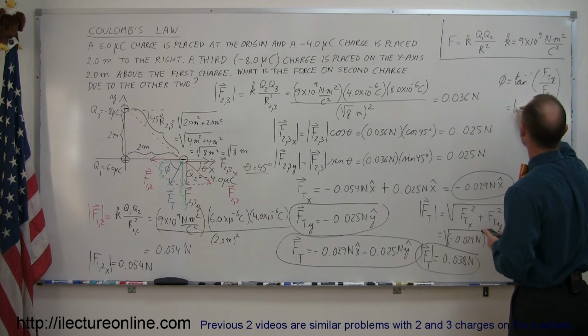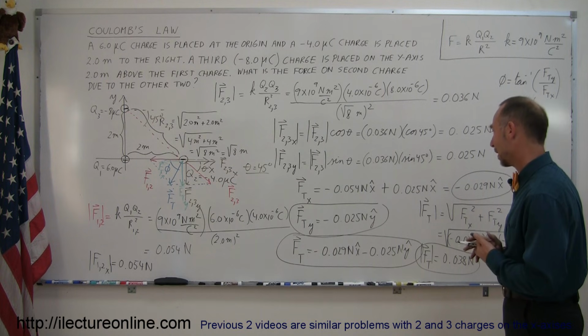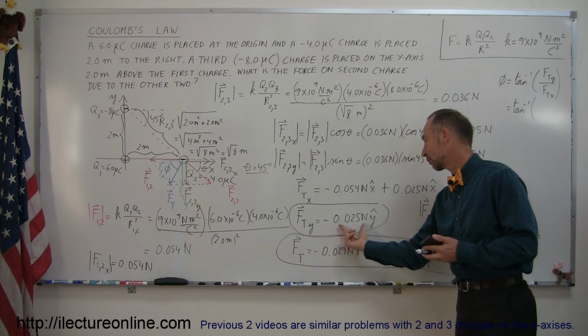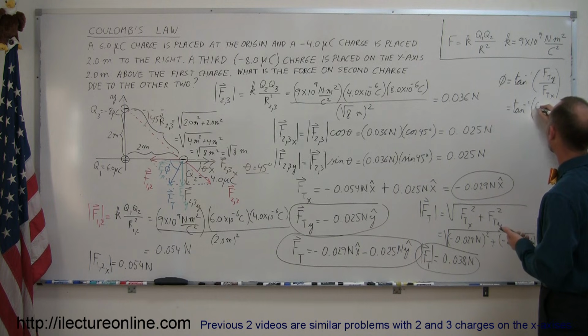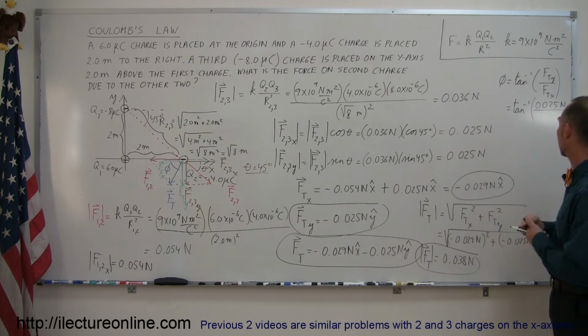So phi is equal to the arctangent of F total in the y direction, that's this one right here, and of course we only care about the magnitude. So that's 0.025 newtons divided by F total in the x direction, this quantity right here, again only the magnitude, 0.029 newtons, like so.